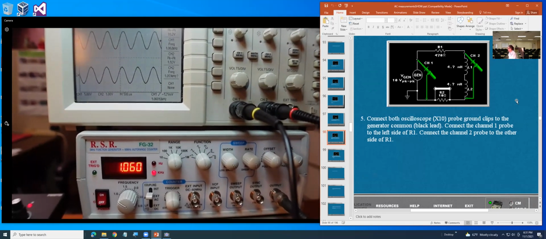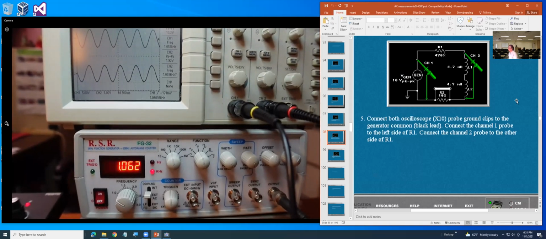Okay, now who can tell me how do I measure? You want to measure the voltage of the left side minus the right side of R1. So for this digital scope, tell me what step we have to do. Math, channel 1 minus channel 2.